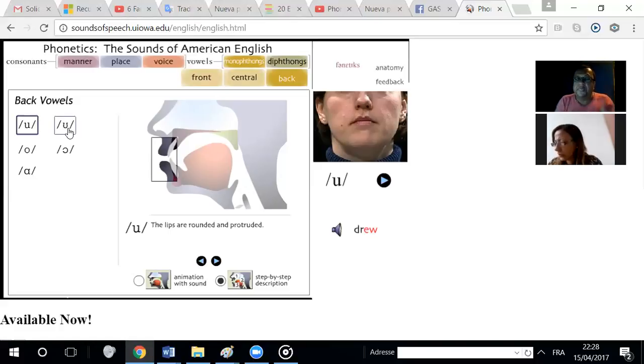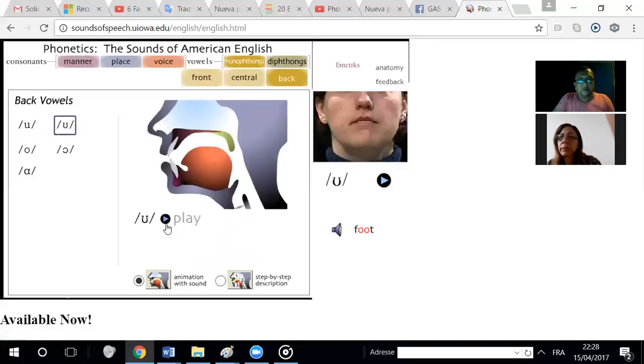The difference with this is that your lips are not protruded, or they are protruded only a little bit. The sound is produced in your vocal cords.